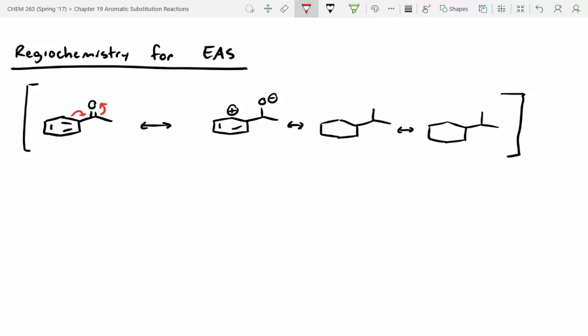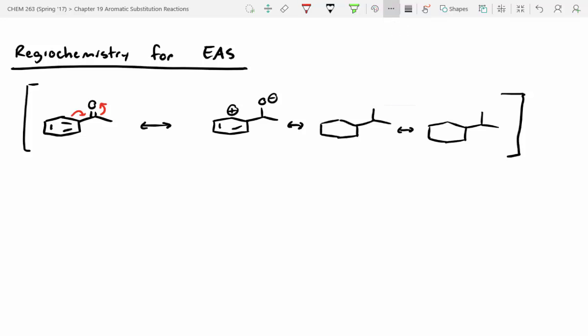So where are the partial positive charges? What positions are they going to be in? They're going to be ortho, para, or meta? Yeah, if we look at this first one, the positive charge is in the ortho position.